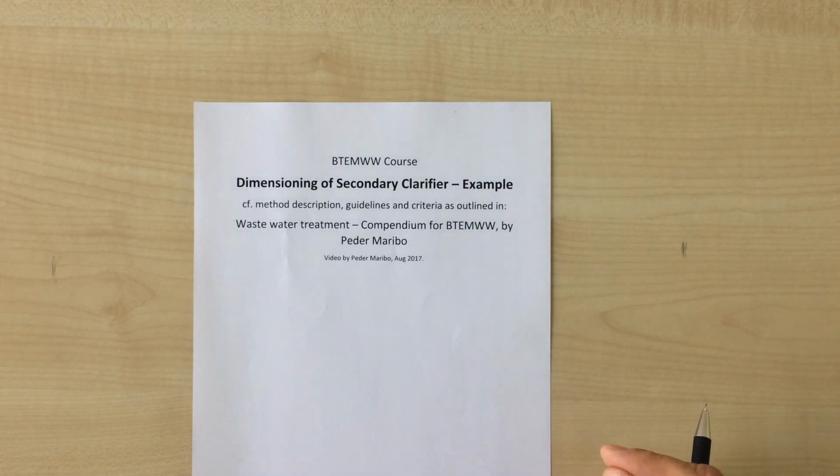The method described in the compendium is based on some heuristic data and is as such a generic method, but it's not a standardized or approved method, such as, for instance, the ATV-A 131 or other authorized methods, but it demonstrates how you can design or dimension a clarifier given some necessary set of criteria and design information.